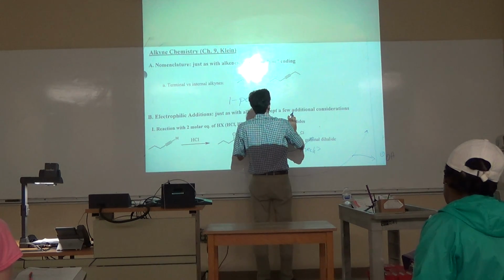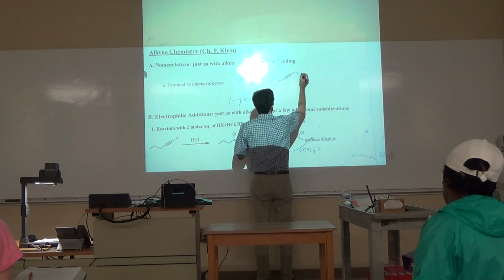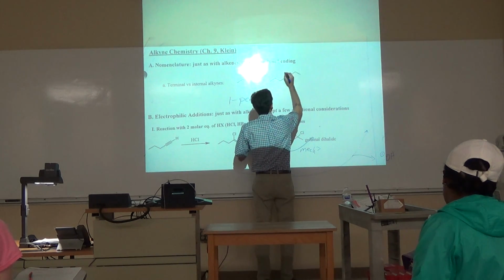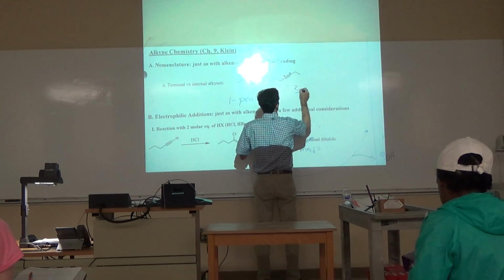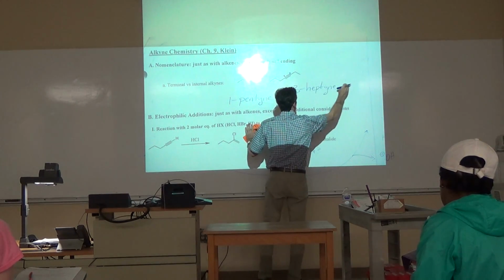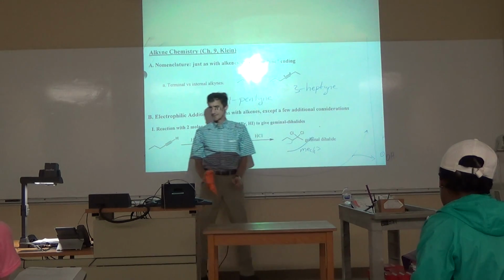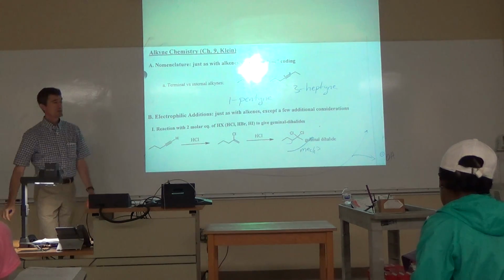You want the alkyne to be at the lowest number, so number from over here: 1, 2, 3. The alkyne's at the 3,4 position. We only list the 3. Yes, 3-heptyne, the 3 indicating where the alkyne is in that chain.